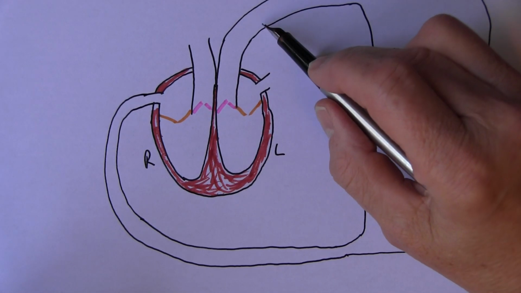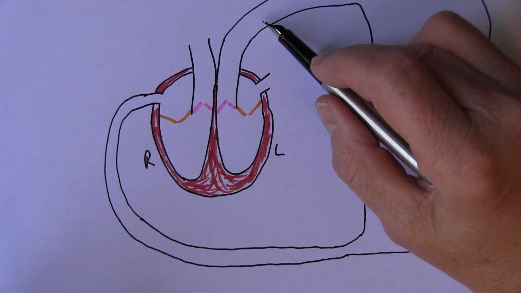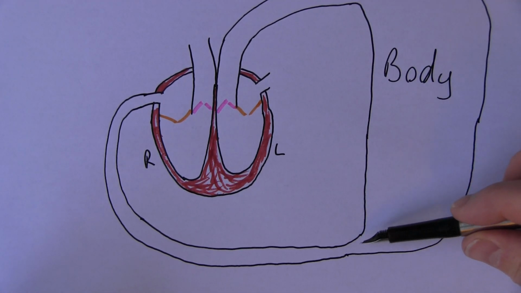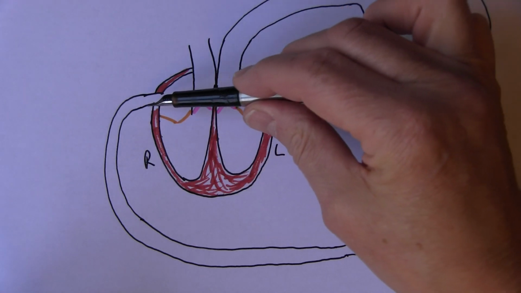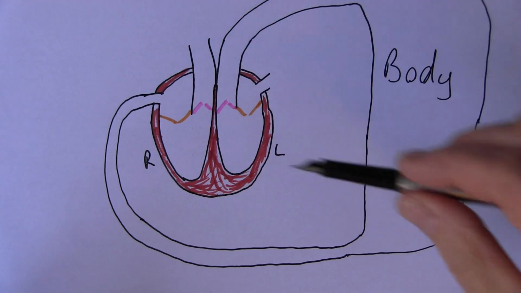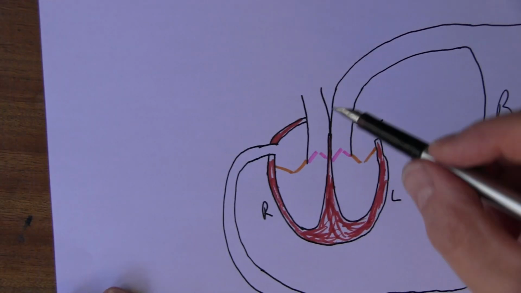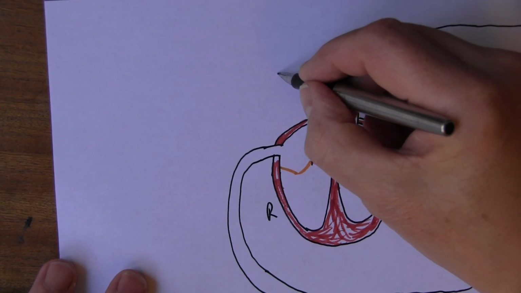So this is the aorta and the systemic arteries taking blood to the body. This is the systemic veins draining into the inferior and superior vena cava, going back to the right atrium. And the pulmonary artery is taking blood to the lungs.